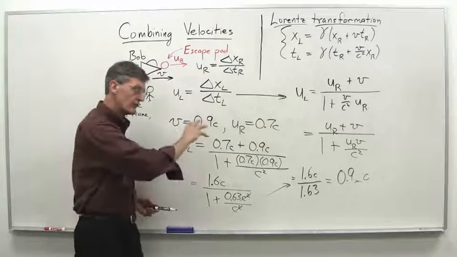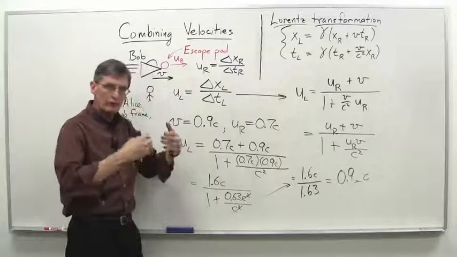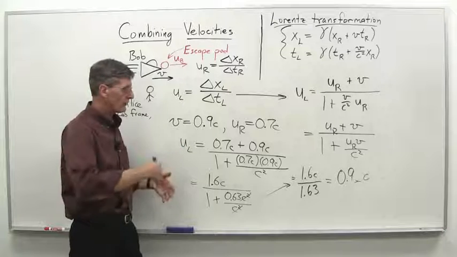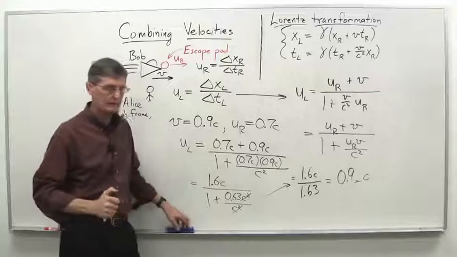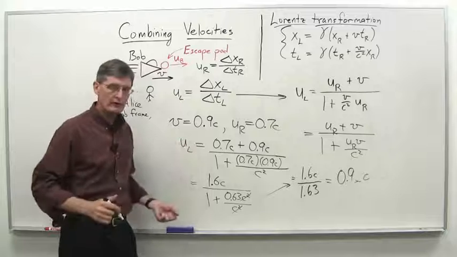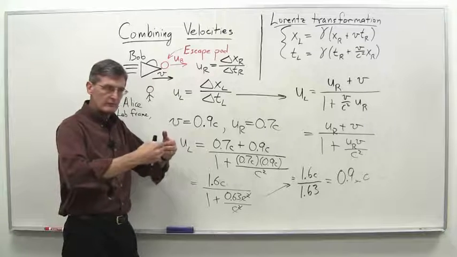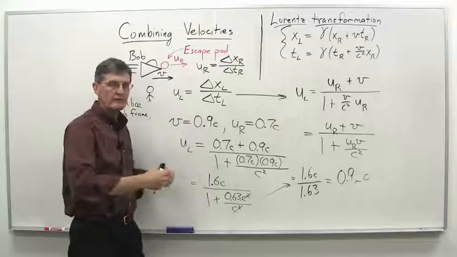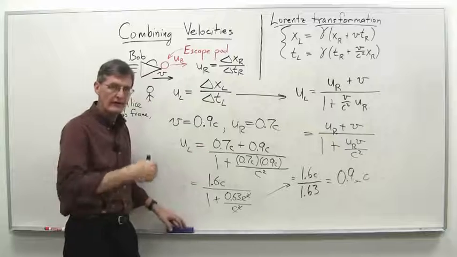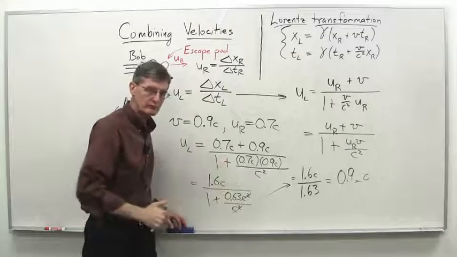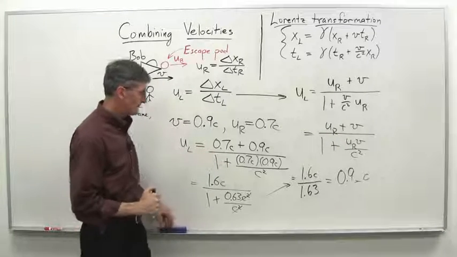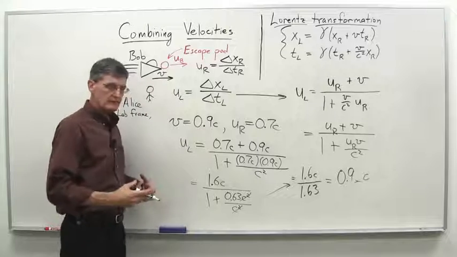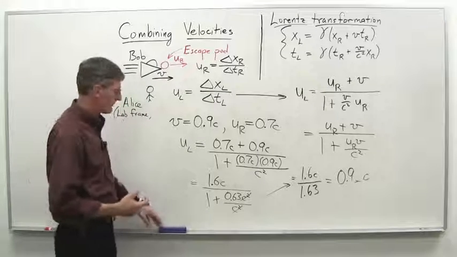But it also shows us there's something about that ultimate speed limit that we'll talk more about in a video lecture coming up. We've mentioned a few times before that for whatever reason, which is sort of built into the theory here, you cannot go faster. You cannot actually get a material object up to the speed of light. It seems to be a natural speed limit in the universe.